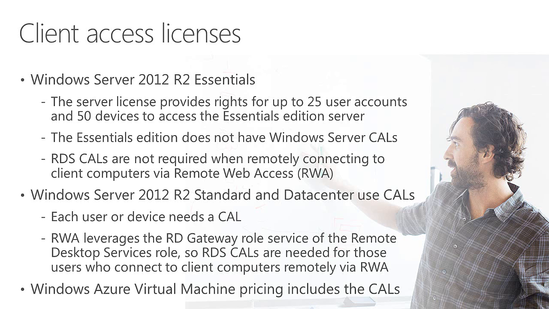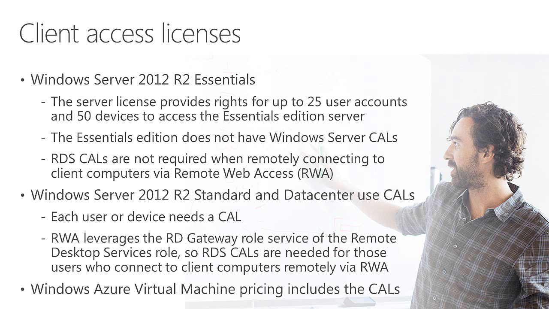Those editions do use the Windows Server CAL model, and you do need to purchase a CAL, or client access license, for each user or device that's going to access those servers. So if you have the Essentials Experience running on a standard server, and you're using RWA, which leverages the Remote Desktop Gateway role of the Remote Desktop Services, or RDS role, then you do need RDS CALs for those users.